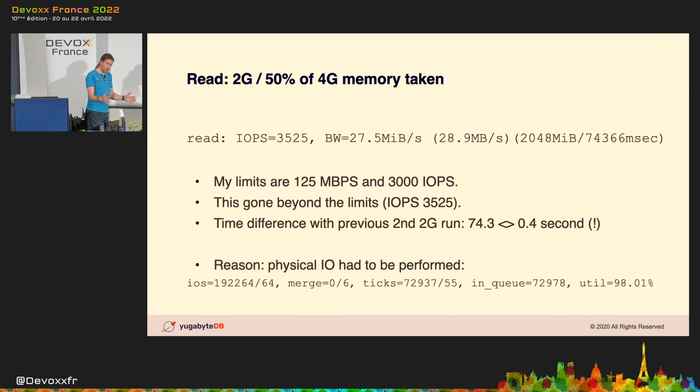I could not cache this entire set in memory, so therefore it does all the IOs. And in the last line, the reason physical I/O had to be performed. I'm doing 192,000 IOs roughly.